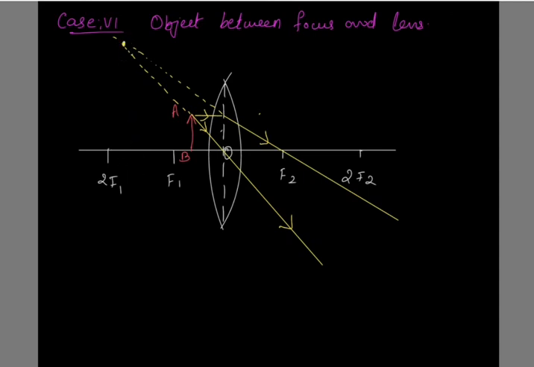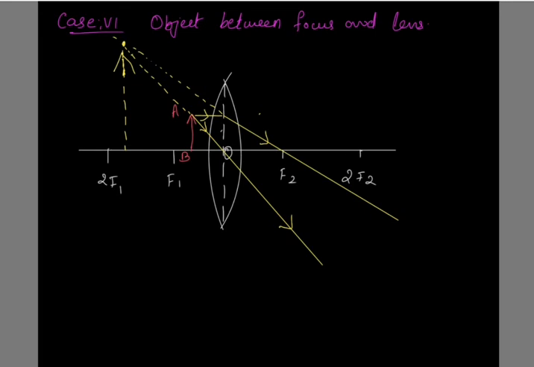So if you draw the image, you know that since it is not due to the actual meeting of the refracted ray, the image formed will be a virtual image, and the image which is virtual should be always drawn using dotted line.